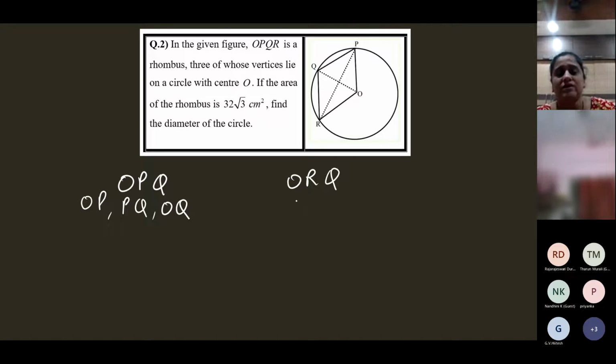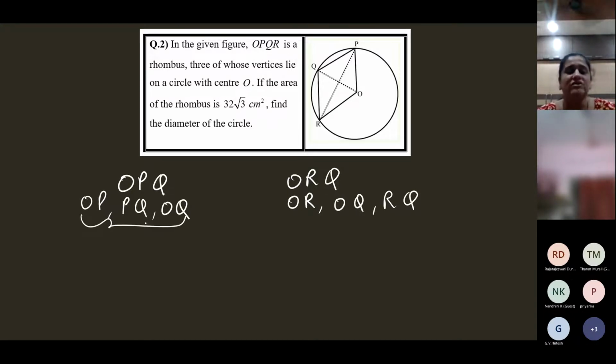The sides of the other triangle: OR, OQ, RQ. I'm going to choose one side which is both the radius and the side of the rhombus. OP is the radius as well as the side of the rhombus. PQ is only the side of the rhombus. OQ is only the radius.